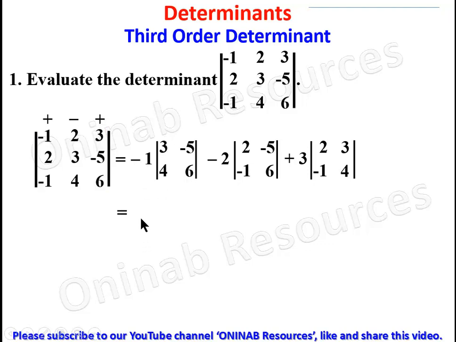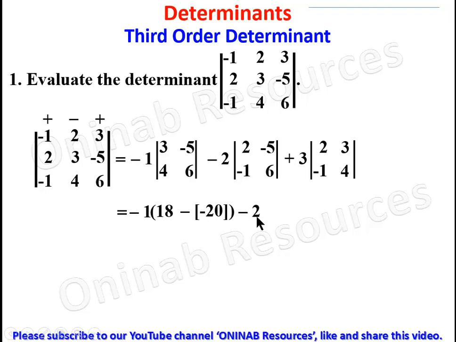This is -1. Then we are familiar with finding determinant of order 2. So we have a 3 times 6 giving us a 18. Then -4 times -5 gives -20. We have 18 minus -20.